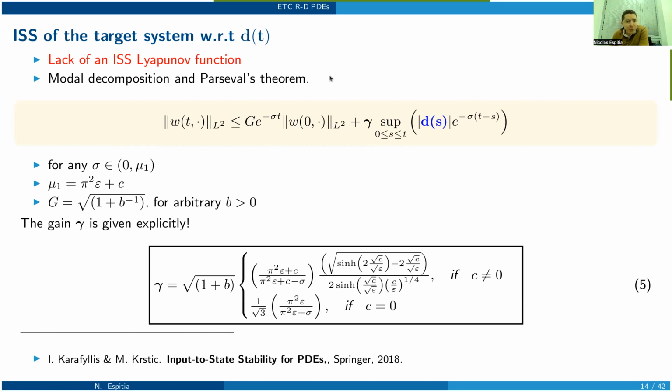Well, anyway, the good news is that we can establish an ISS property using other tools like modal decomposition, Fourier series, and the Parseval theorem. And this is the ISS estimate in L2 norm that was obtained by Iason and Miroslav. What is interesting here is that this asymptotic gain gamma can be characterized explicitly in terms of the parameters of the PDE. Okay, so keep in mind this gain.